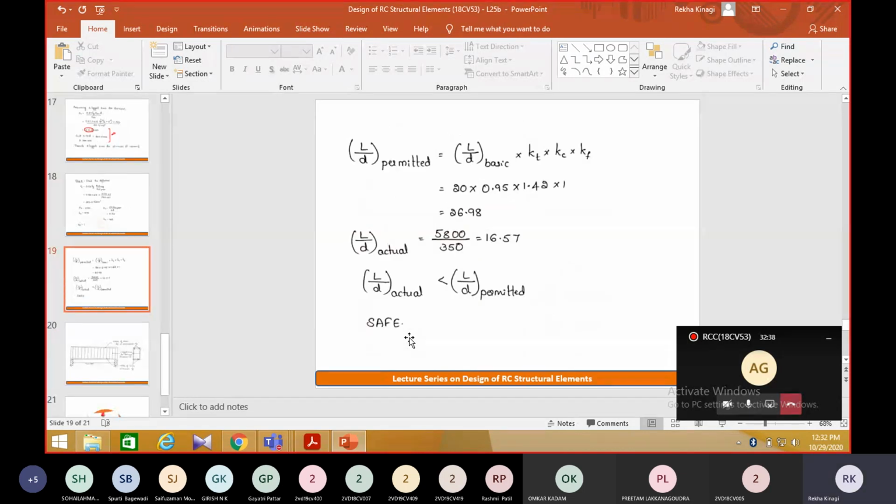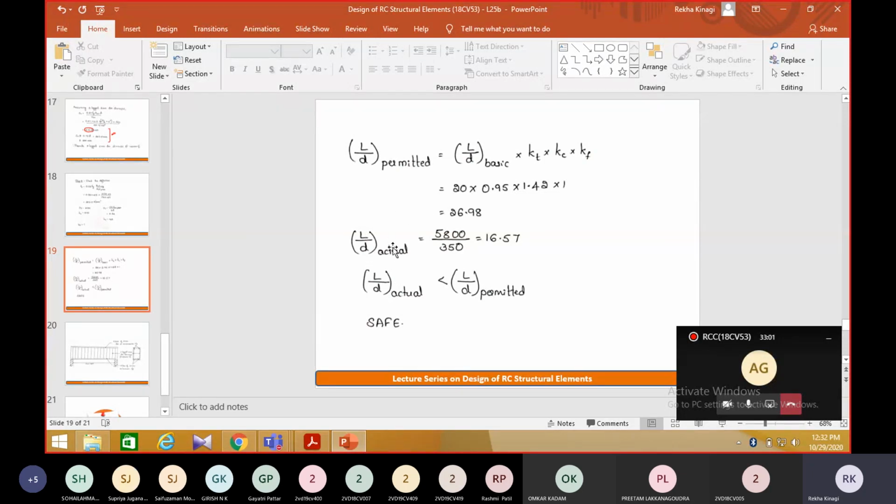So once we are done with the calculation of Kt, Kc and Kf, we will be substituting that in the equation and getting the value of L by D permissible, that is 26.98. Next thing is to calculate L by D actual.